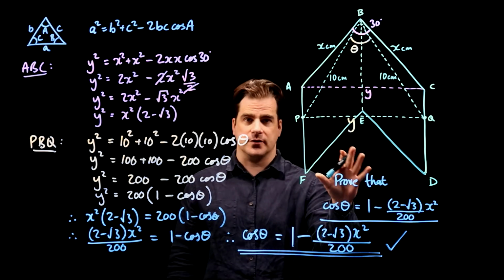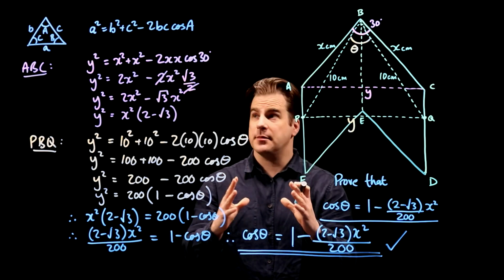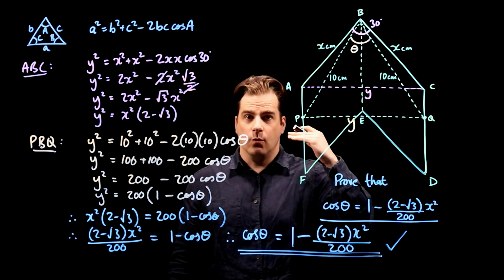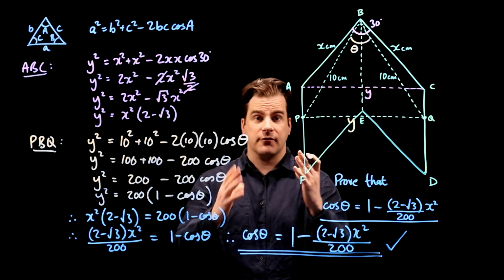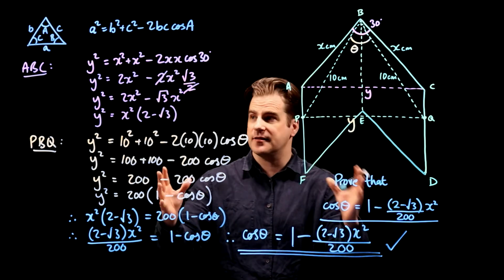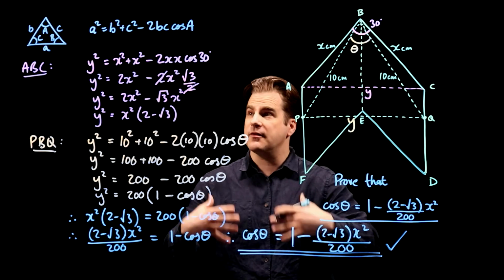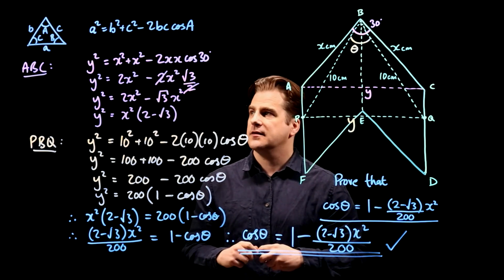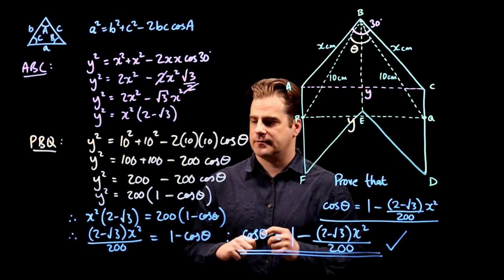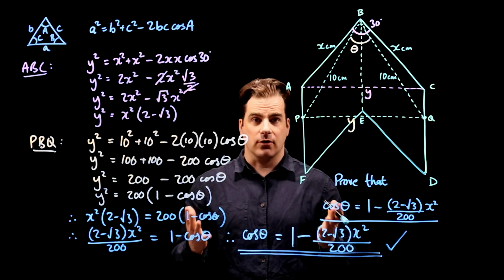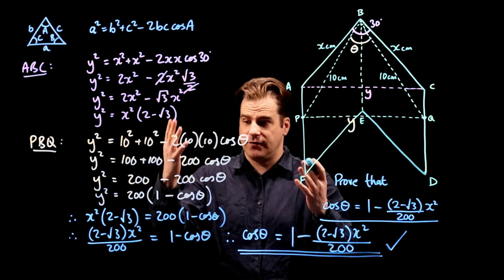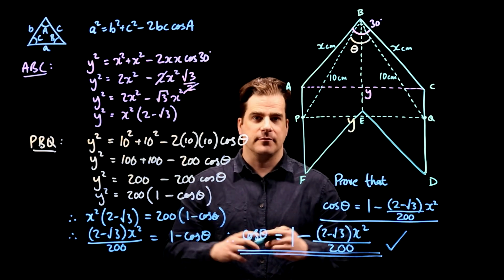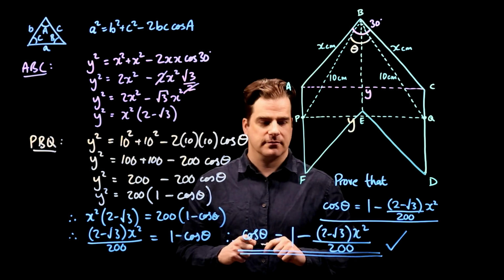With these more difficult questions, you must be able to put pen to paper and just do something without knowing where it's going, and have the confidence to know that if you do sensible things, the answer will reveal itself. And it did, exactly like it did here. So that's a very important skill in maths. It's based a lot in confidence. Just have the confidence that if you do relevant things, the answer will appear. And trust me, it does.